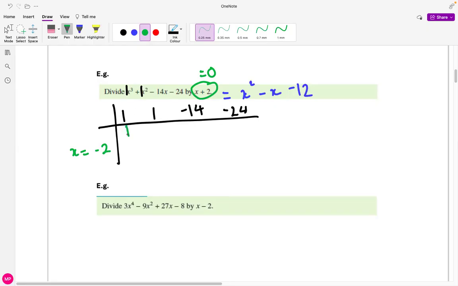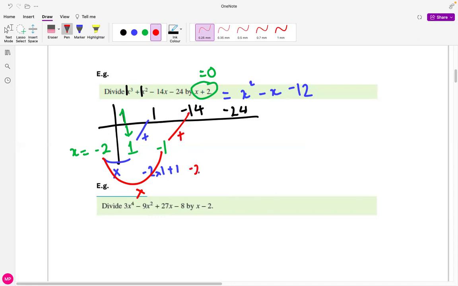Then you bring the 1 down. Whatever that number is, you bring it down. Now to find the next number, you do negative 2 times 1, and then plus 1, which gives you negative 1. So you write negative 1 here. Then you repeat the same step: negative 2 times negative 1 plus negative 14.